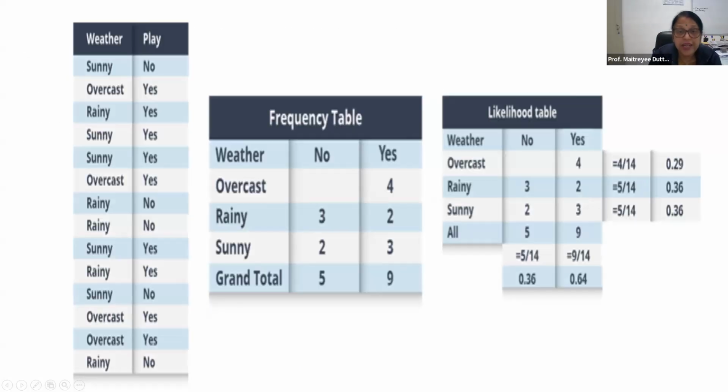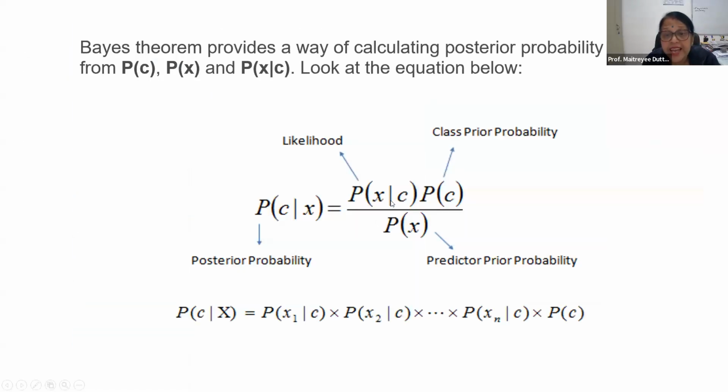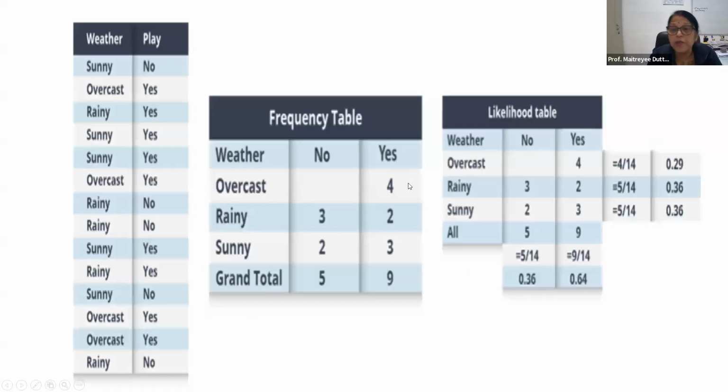Another thing we have to find out is P of X given C. That is probability of rainy conditional to yes. So what will be the probability of rainy conditional to yes? That will be 2 by 9. Yes is total 9 and out of 9, 2 are rainy.